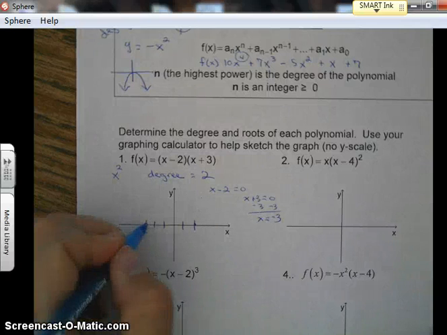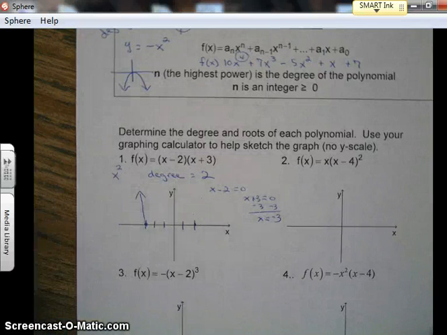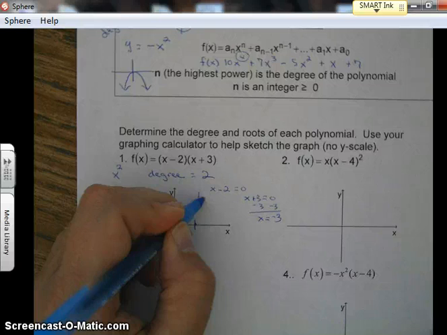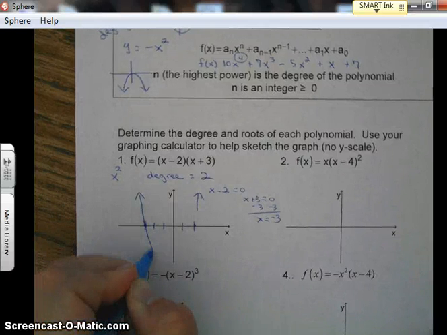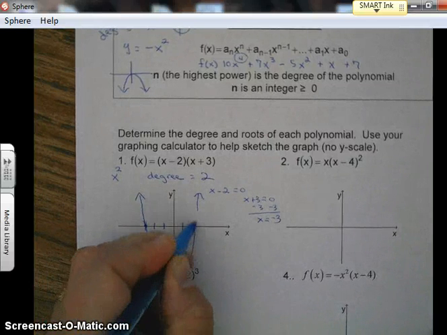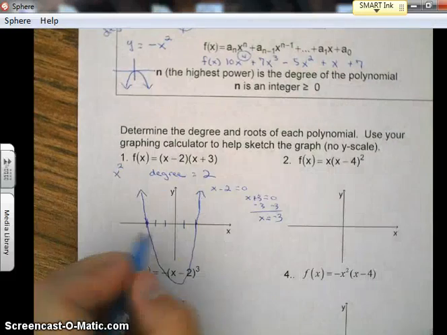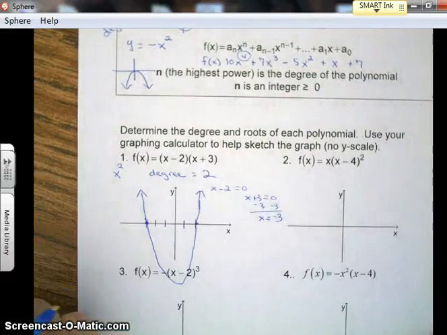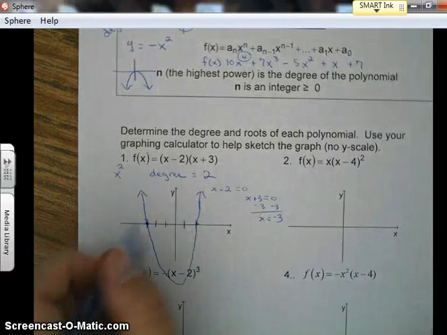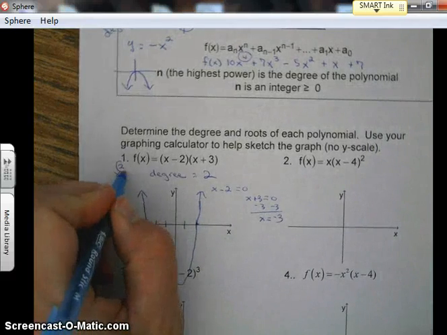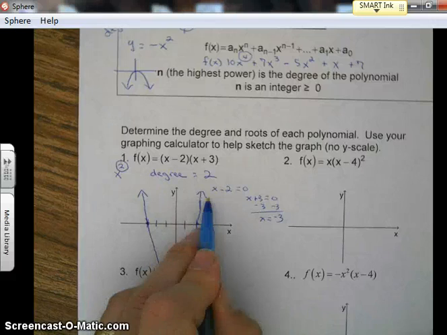So it's going to go up on the left and it's going to go up on the right. So remember, you are graphing the roots and then you're using the degree to determine the end behavior.